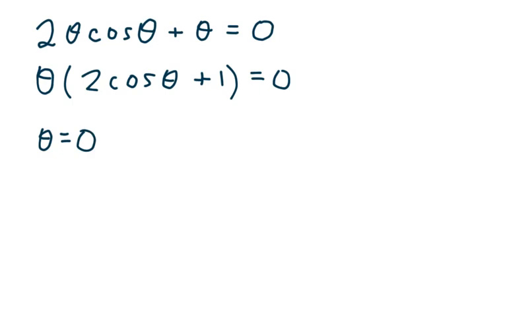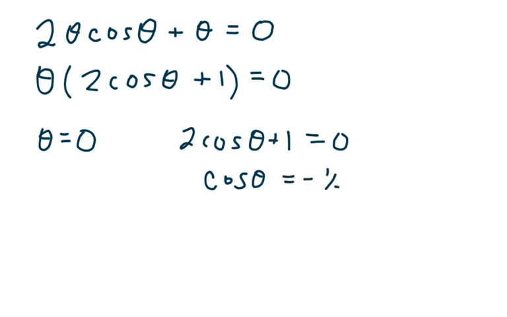So we have theta equal to 0 and 2 cosine theta plus 1 equal to 0. And the second equation, if we solve it for cosine of theta, we're going to get cosine of theta equal to negative 1/2. So what happened with most people's solutions is, if you divide out by a theta, you ended up losing the theta equal to 0 portion of the solution.